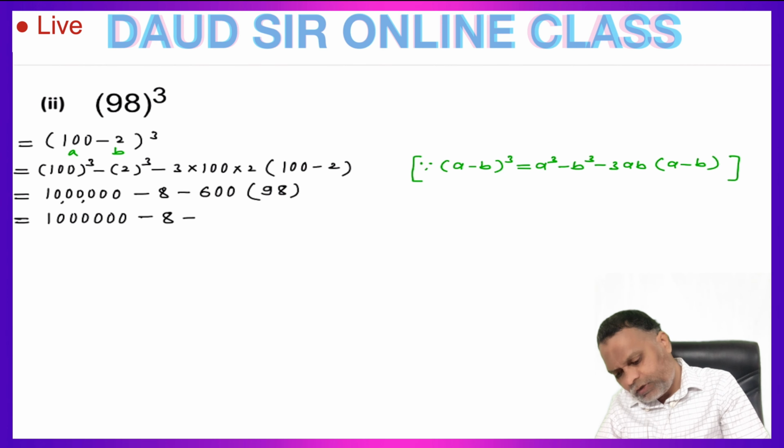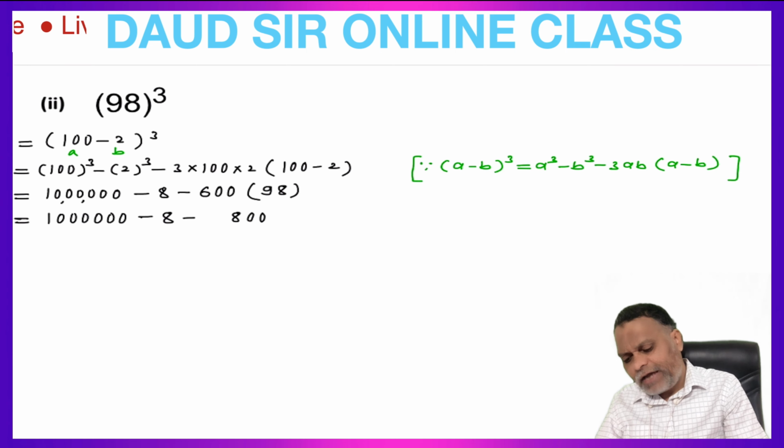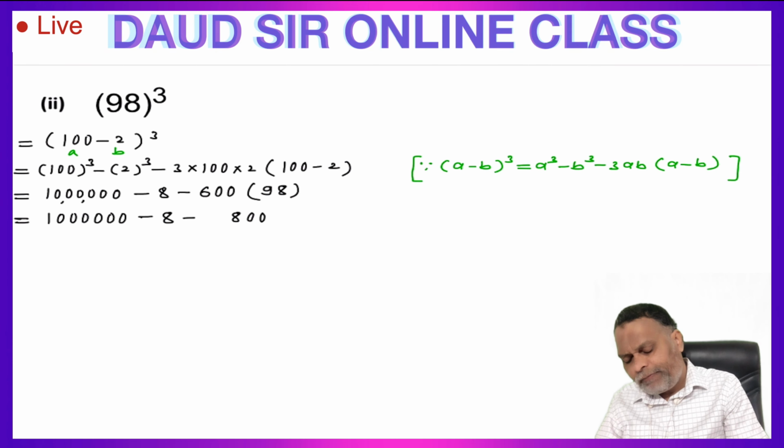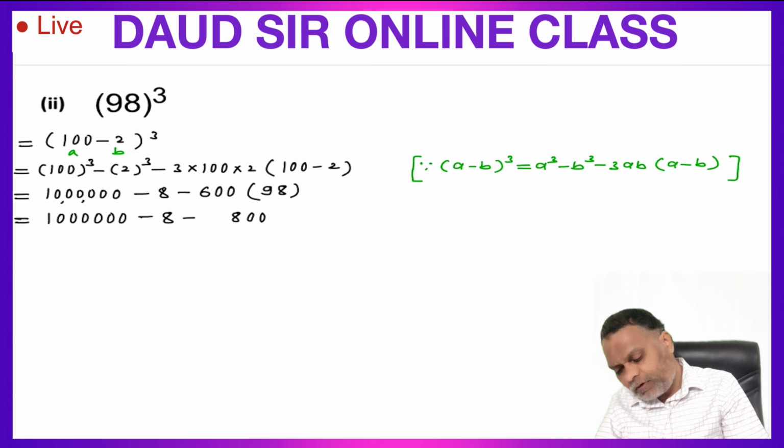So put this zero first and multiply by 6. 6 8s are 48, carry over 4. 6 9s are 54, 54 plus 4, 58.